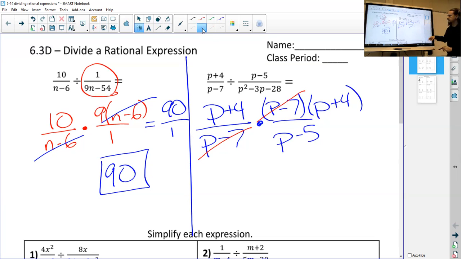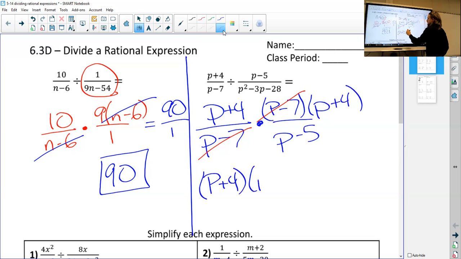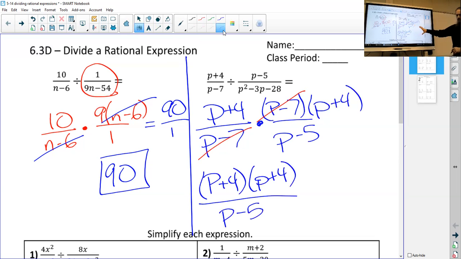Don't make that mistake. If I want to rewrite this, we could technically call this p plus 4 times p plus 4 over p minus 5 on the bottom, and that's fine. Since it's just p plus 4 twice, we could also say this is p plus 4 squared over p minus 5.